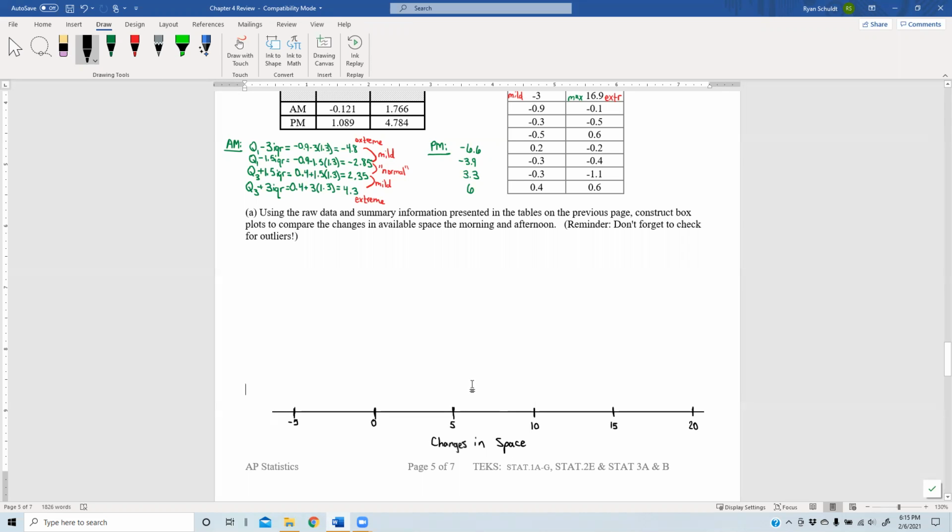Okay. Now AM first will be done up here. So I'm going to do AM up here and then PM.